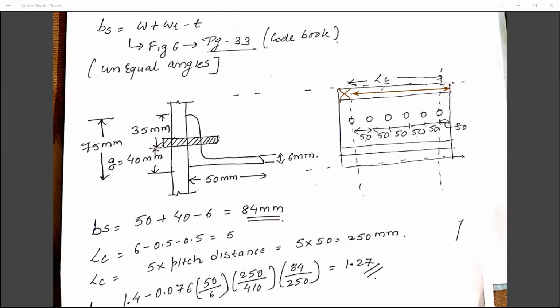So what we take is these bolts, 1, 2, 3, 4, 5, plus this edge distance. That is why it is 5 into 50, which is 250, plus 30, that becomes 280 mm.